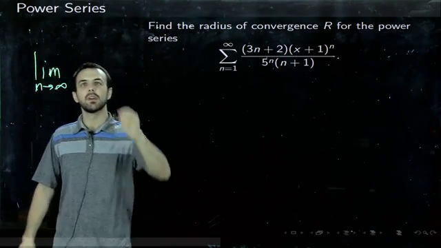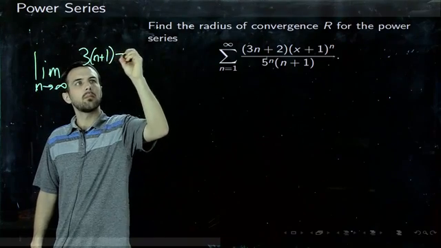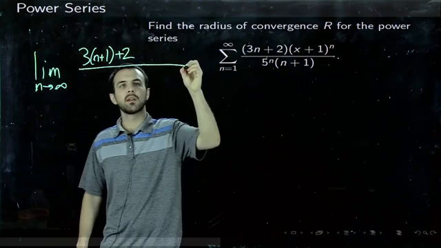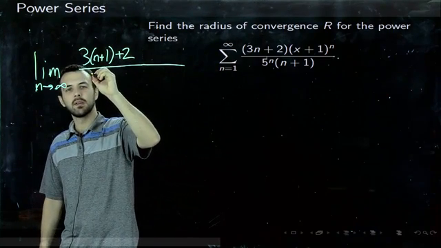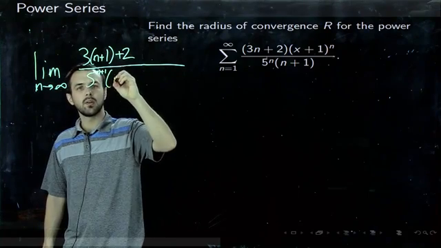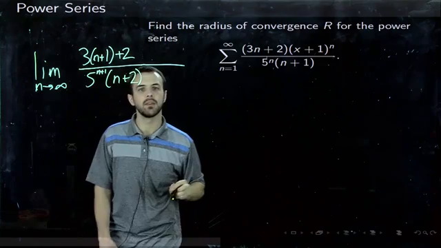Okay, so our n plus 1 term is 3^(n+1) plus 2 over 5^(n+1). n plus 1 is plus 2. I'm going to spare you guys that.